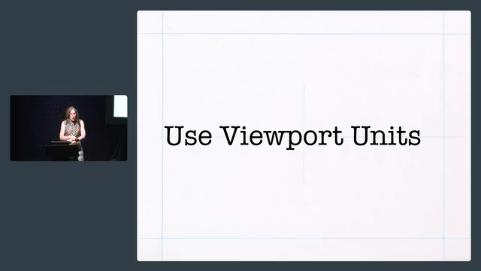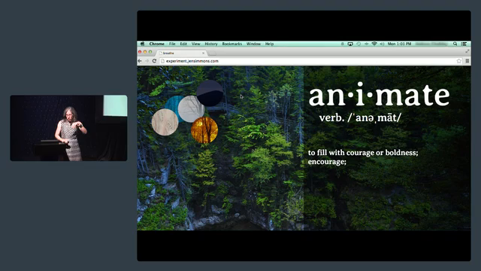Viewport units, though, I think there are some possibilities with combining multi-column layout and viewport units that haven't fully been explored. Viewport units are a way to measure. It's a unit, so instead of saying number of pixels or number of ems, you say, I want viewport height or viewport width.